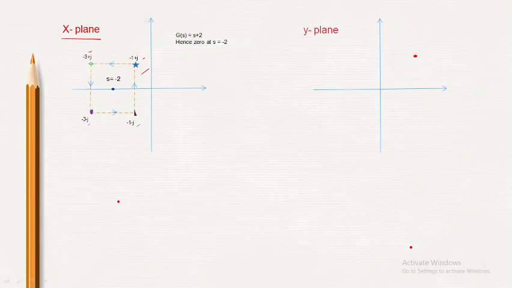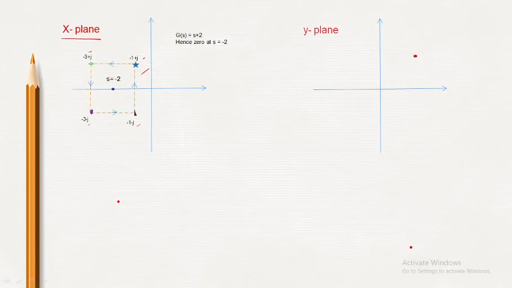Combining these 4 points, they make a contour. This is the rectangular contour, and I am traversing it in the anti-clockwise direction. The direction is important, that's why I am emphasizing that the direction in which I am traversing this contour is anti-clockwise.